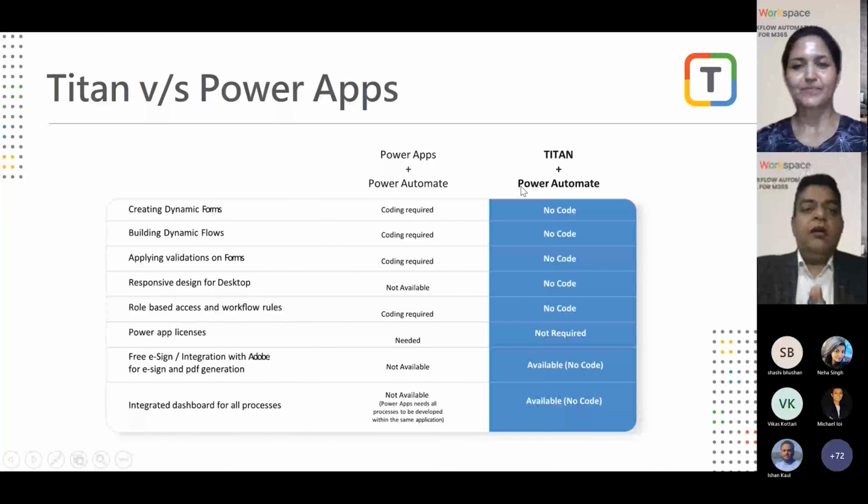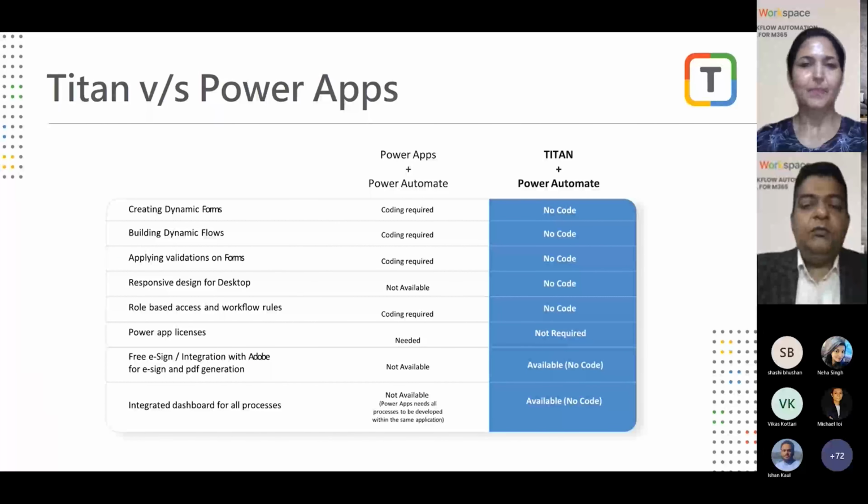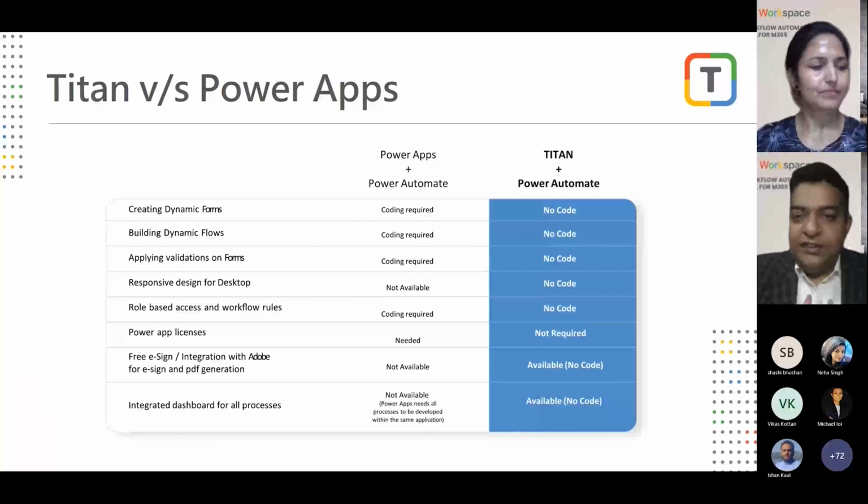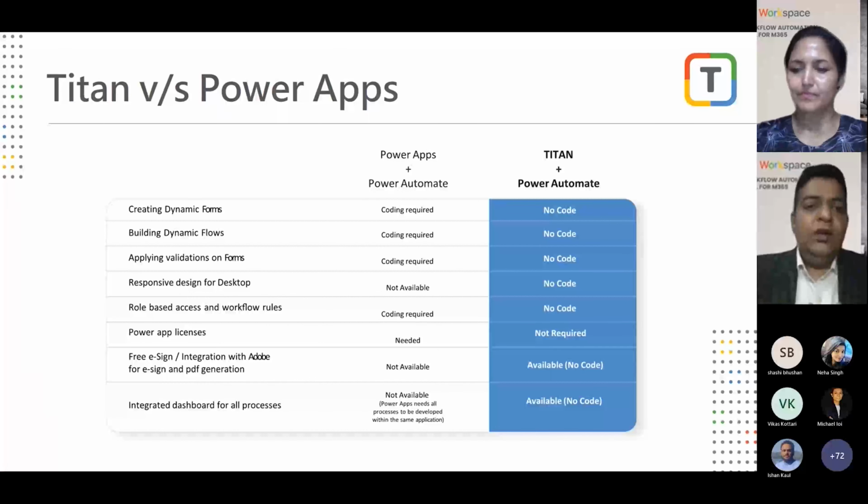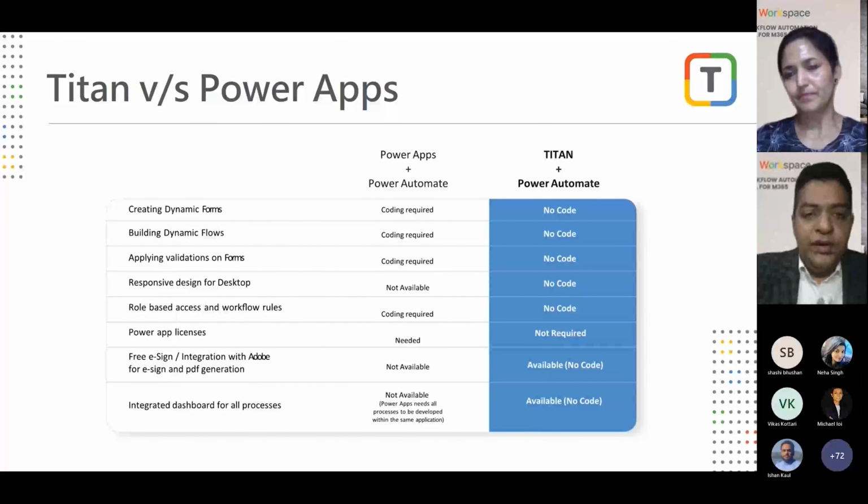So now I hope you are very clear on how we are competing with Power Apps, because that is one of the biggest competitions that we have. As I told you, the underlying technology is also SharePoint, Power Automate, and the Microsoft stack only. To create a dynamic form and flows within Power Apps requires coding, but within Titan, no coding is required.